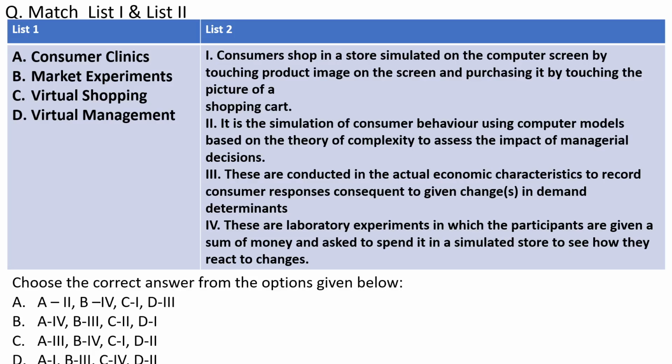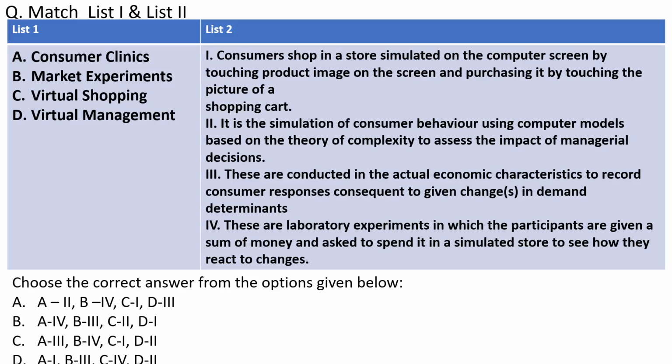On the right hand side you are provided with the descriptions. First, a store is simulated on the computer screen, where you touch the product image on the screen and purchase it by touching the picture of a shopping cart. Second, it's the simulation of consumer behavior using computer models based on the theory of complexity to assess the impact of managerial decisions.